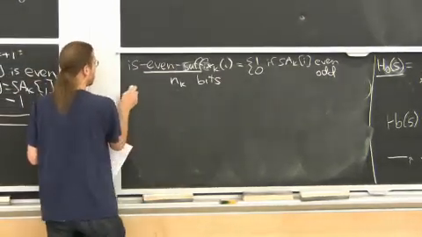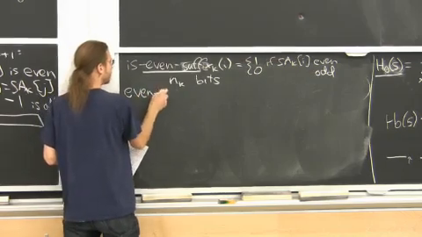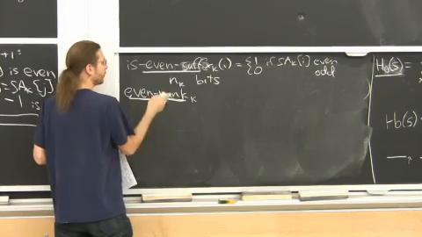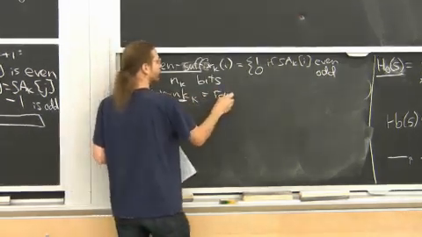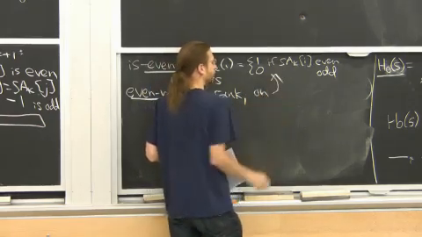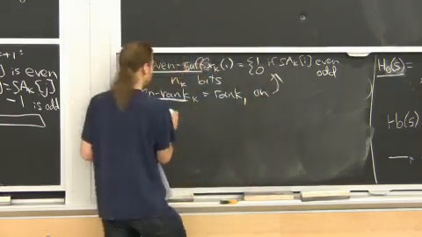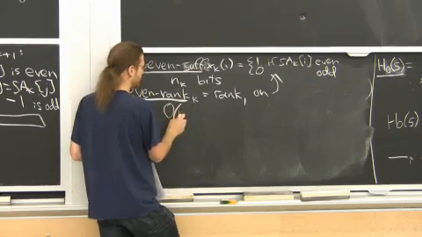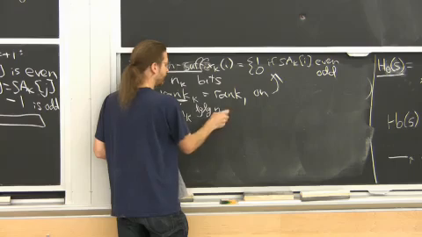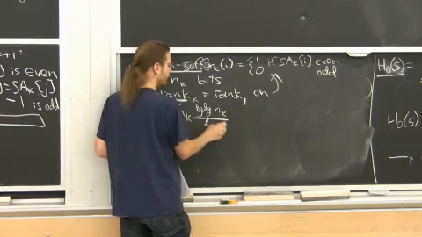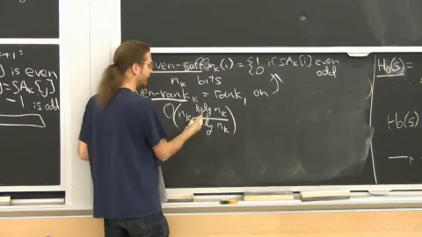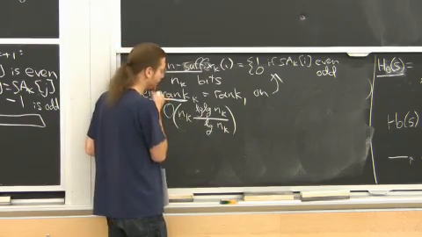Okay. Next is even rank. This is just the rank-1 structure that we covered last class. So this is going to be n_k over log n_k, and this can be improved to n_k over log to the k, or log to the something of n_k.